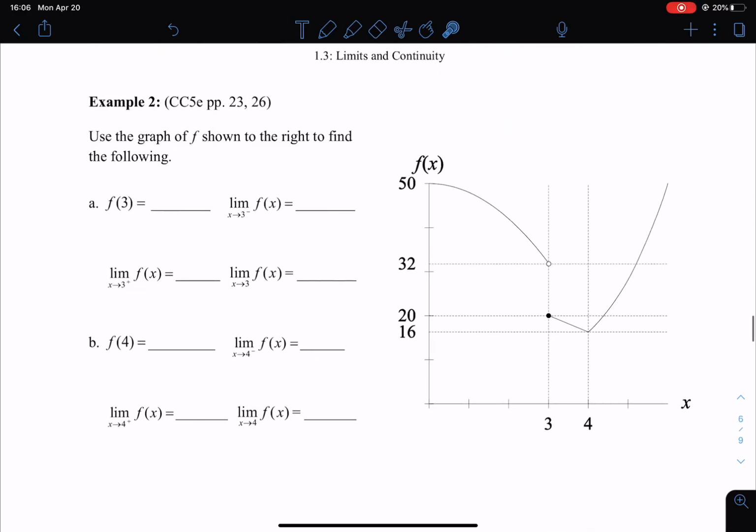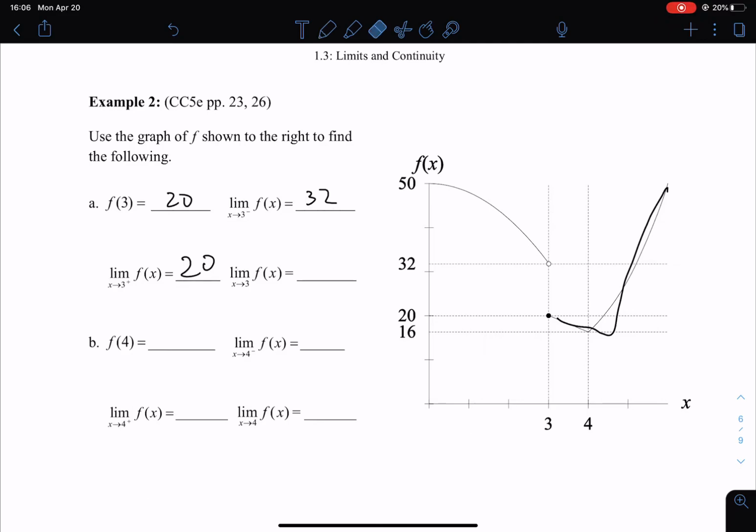Example 2. First, f of 3 is just 20. 3 minus is just 32 because we have to use this one. And 3 plus, we have to use this one, then it's 20. So you can see this time the left side limit and the right side limit are not the same.